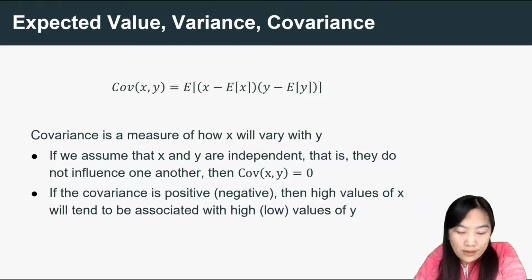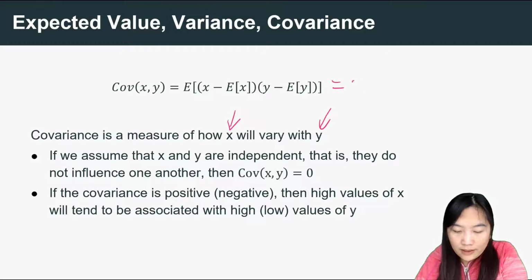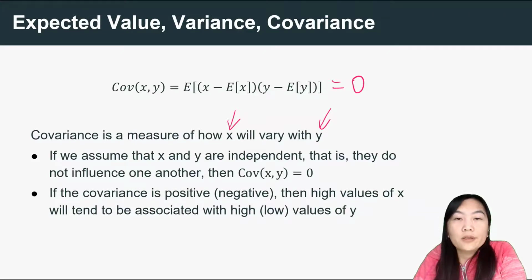So you can think of X as growing corn and Y as growing wheat. And if we assume X and Y are independent, this covariance is equal to 0. So if those are independent, then they do not influence each other.